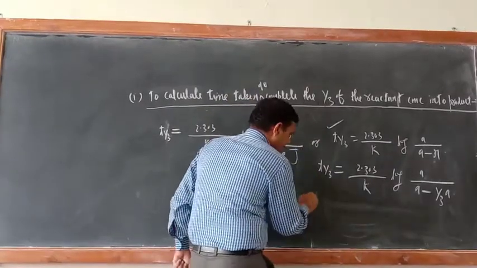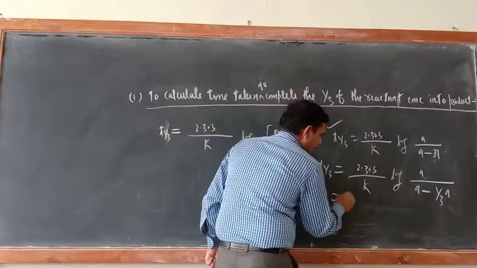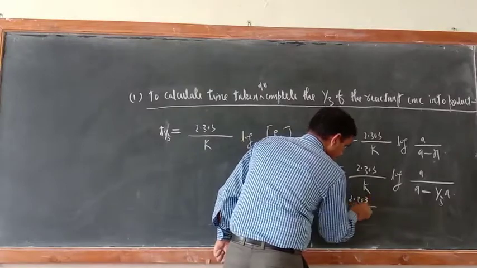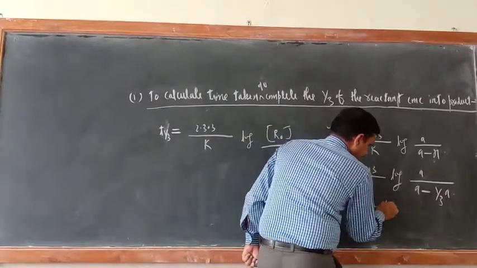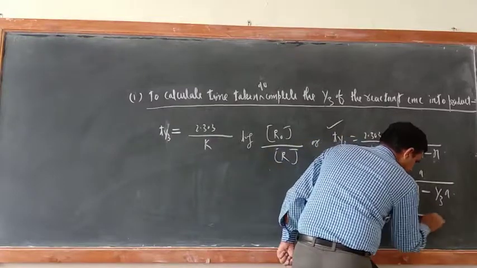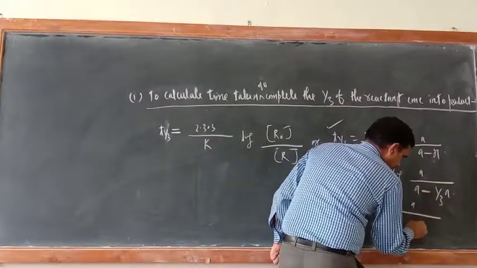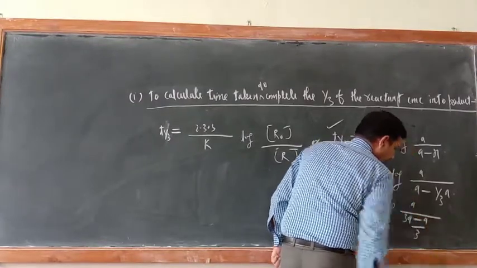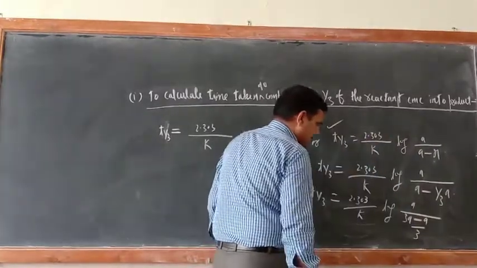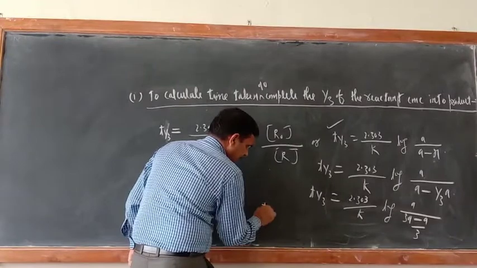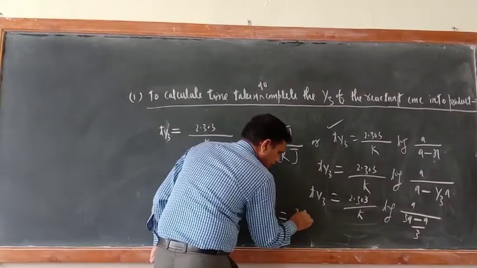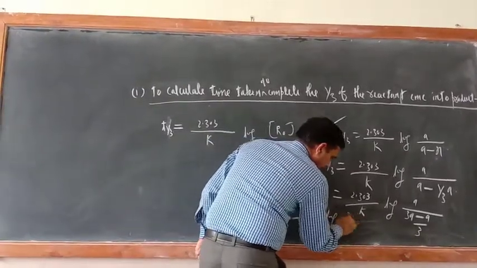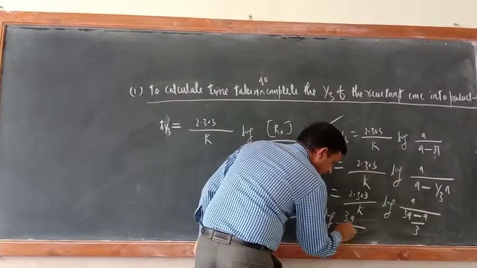So here t 1/3 equal to 2.303 divided by K, log A, and here take the LCM: 3A minus A. If you simplify this, t 1/3 equal to 2.303 divided by K, log 3A by 2A.